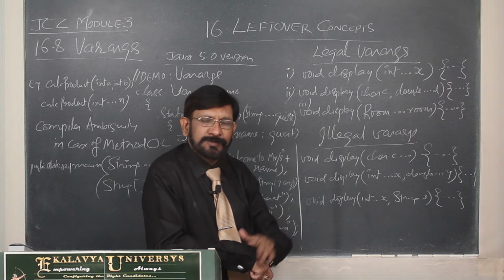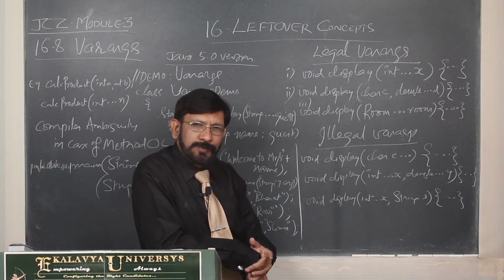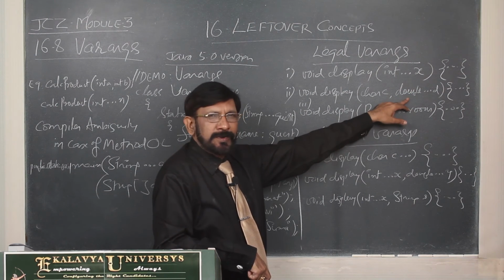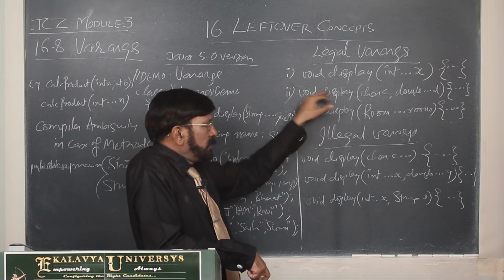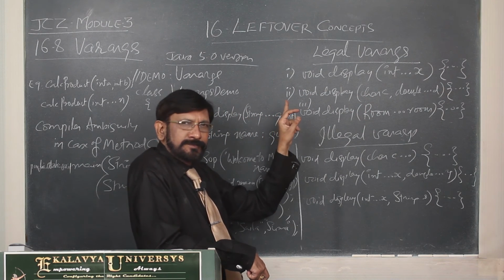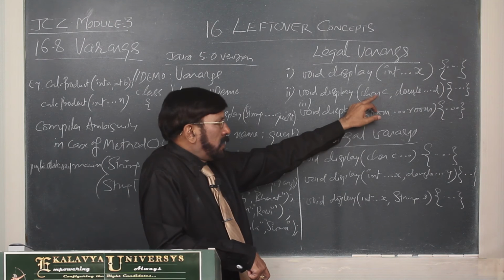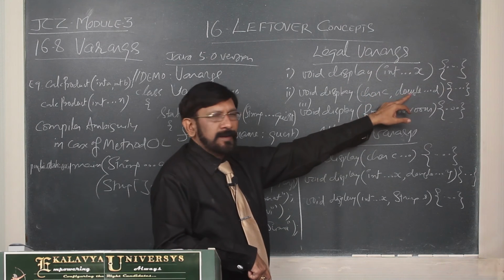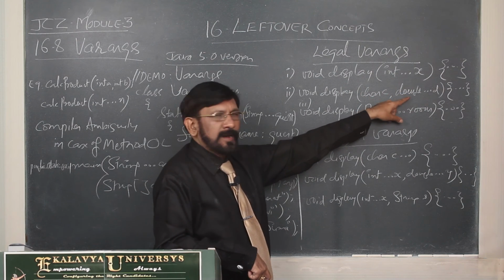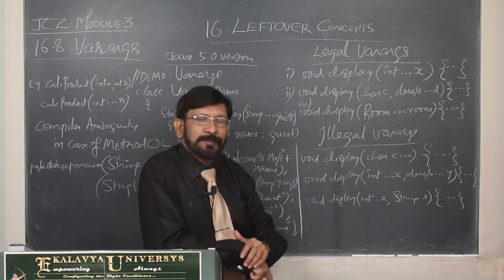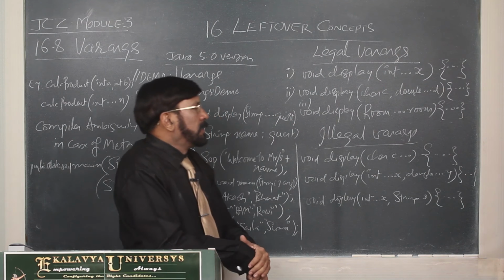Whatever Vararg you write, it should be the last one. That means here you may write n number of arguments, but whenever you write a Vararg, it should be the last one. That point you must remember.